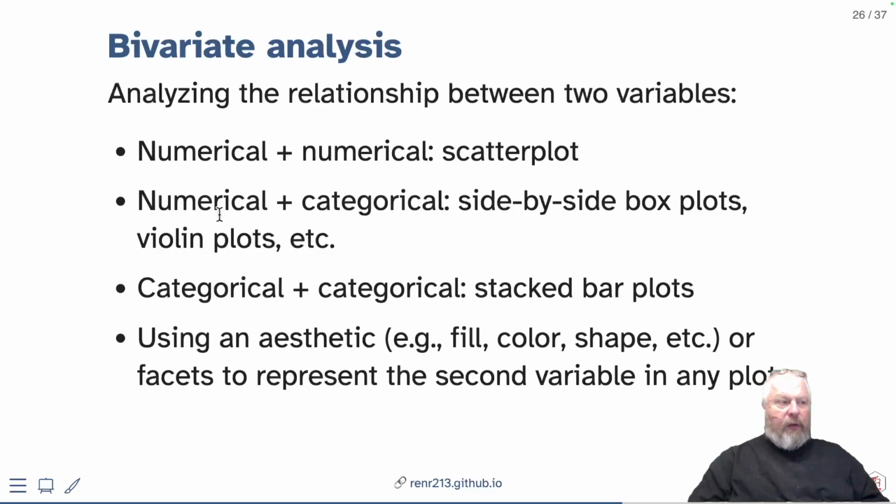If we're looking at numerical plus categorical, side-by-side box plots or violin plots can be useful. Categorical plus categorical, stacked bar plots can be useful. And you can use an aesthetic, for example, fills, colors, shapes, and so on, or facets to represent a third variable in any plot.